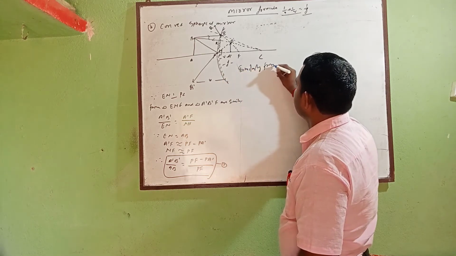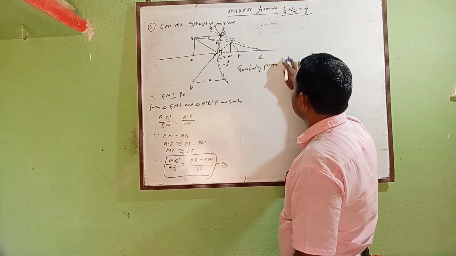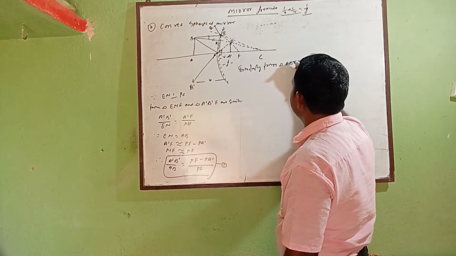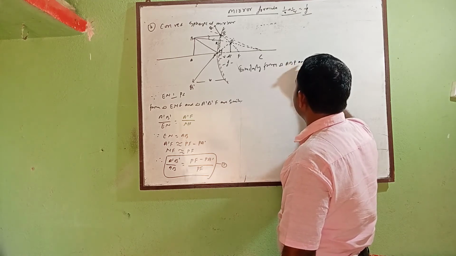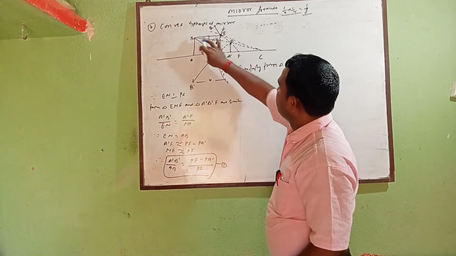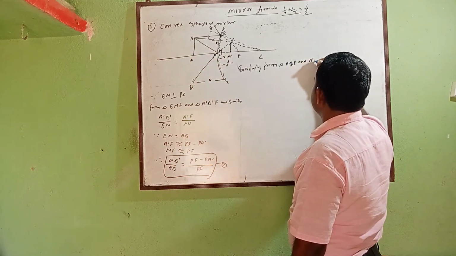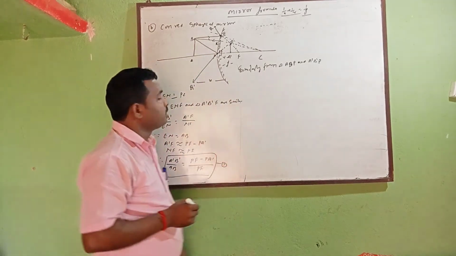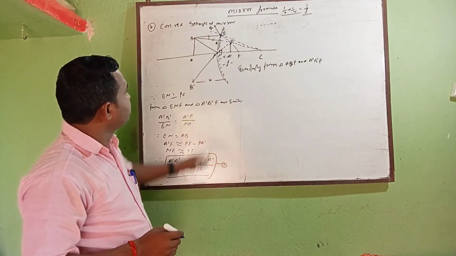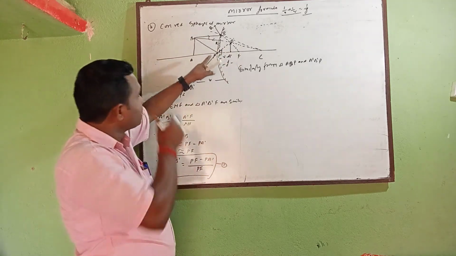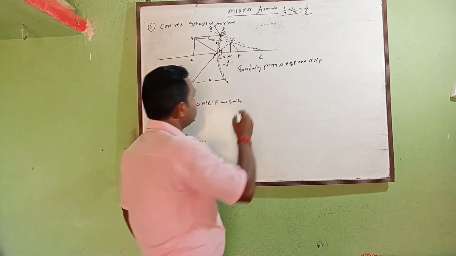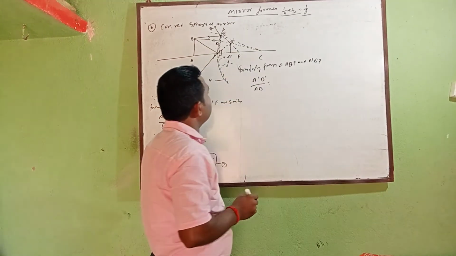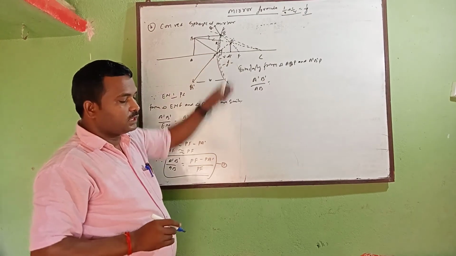From triangles ABP and A dash B dash P, in both triangles, same process, first you will write A dash B dash by AB, equal to this height distance you will take.